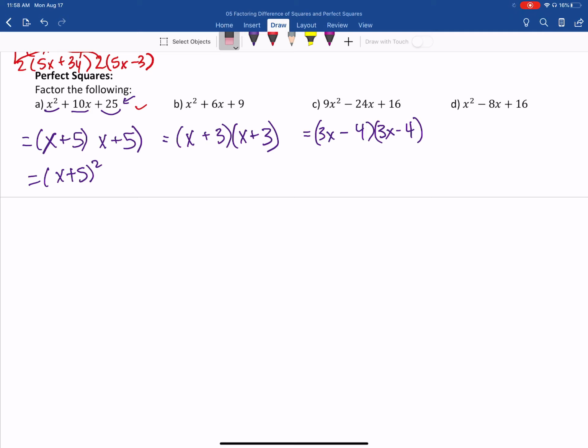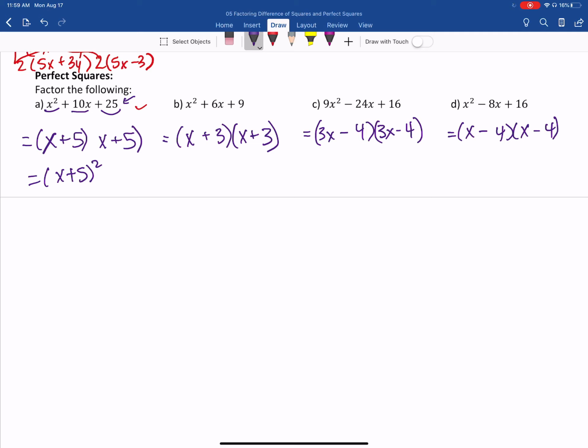Okay, and then this last one, this is a square number. This is a square number. It's 4 and 4. This is negative, so we're going to do both negative, and then we just double check. Minus 4x in the middle, and that's perfect.